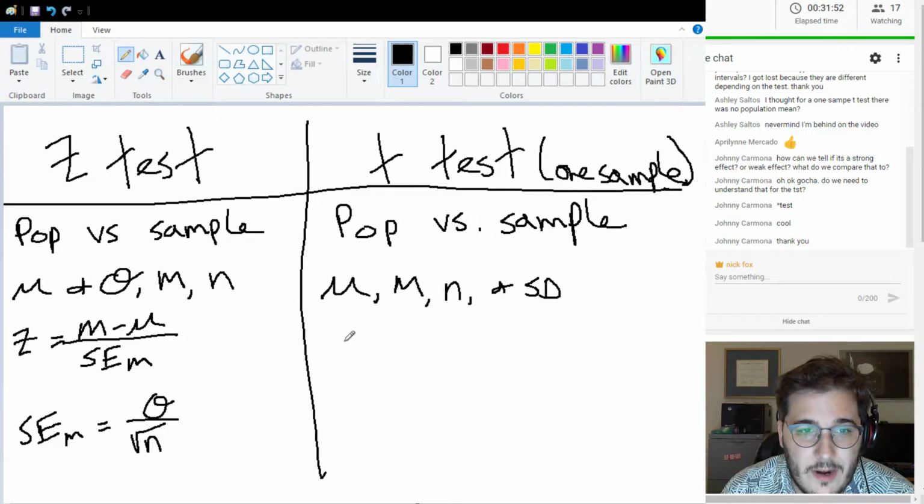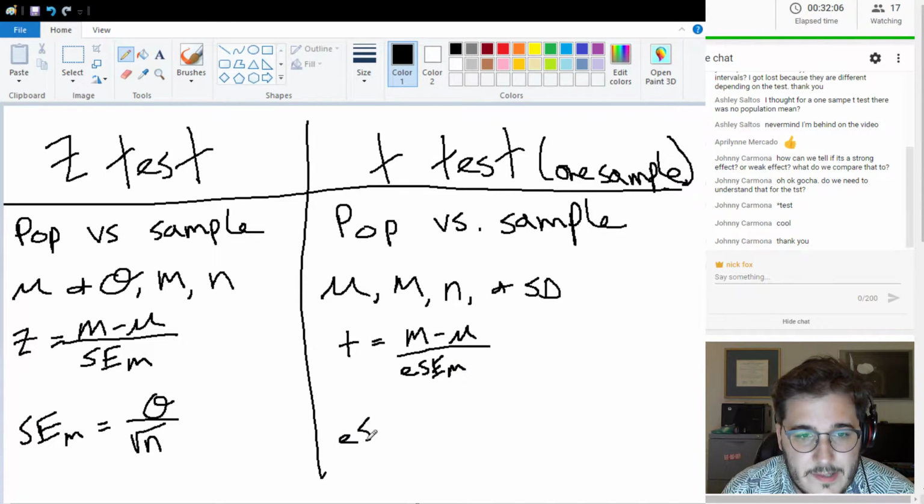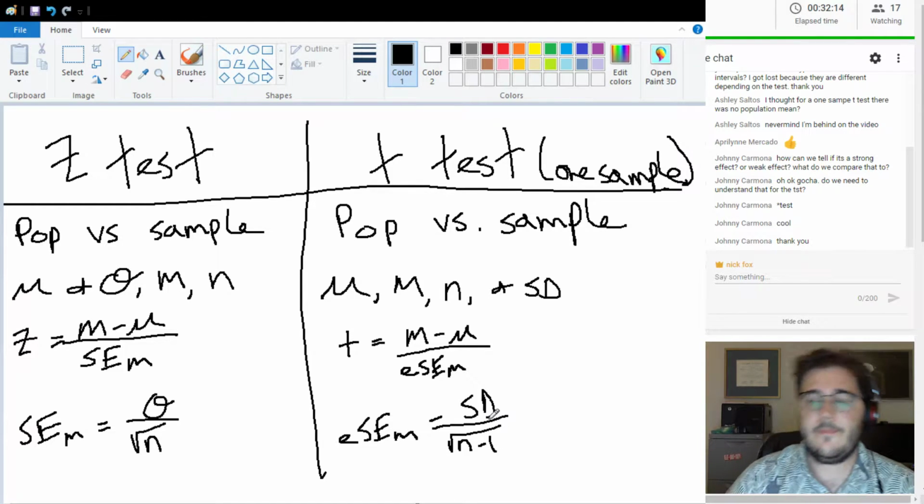So remember here that on your one-sample t-test, it's M minus mu divided by the estimated standard error of the mean. And the estimated standard error of the mean is the standard deviation of your sample divided by the square root of n minus 1.